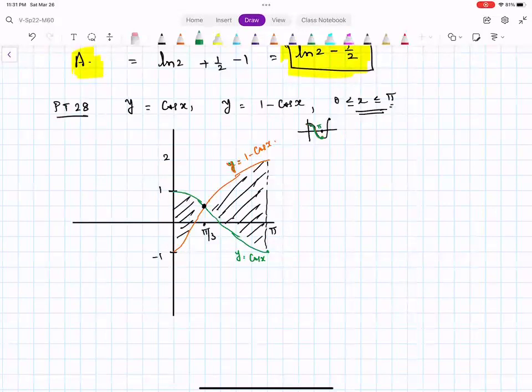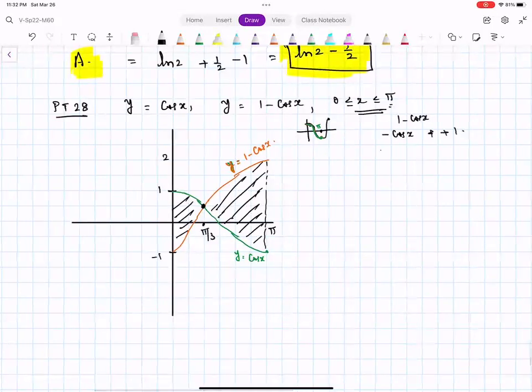And for the 1 minus cosine x graph, it is a combination of negative cosine x and plus 1, correct? So this will be an inverted, flipped reflection of the cosine x graph about the x-axis, and then it is shifted up 1 unit.